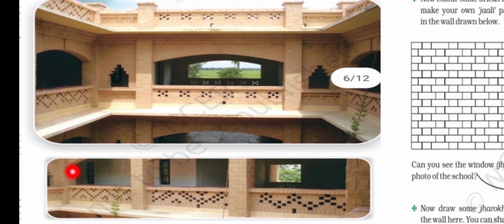This picture and this picture are all the same. So this one is the second type of jali. This one is the third type, this one is the fourth type and this one is the fifth type. So in total, the masons made 5 types of jalis in this building.